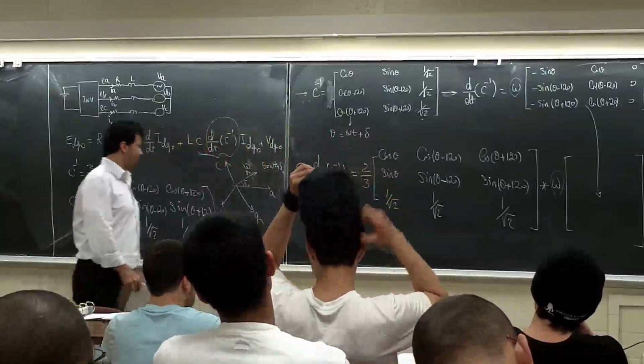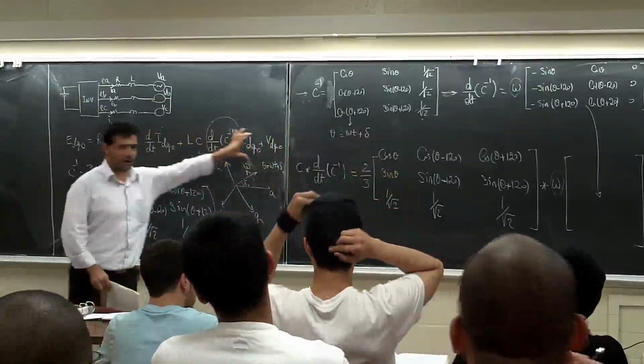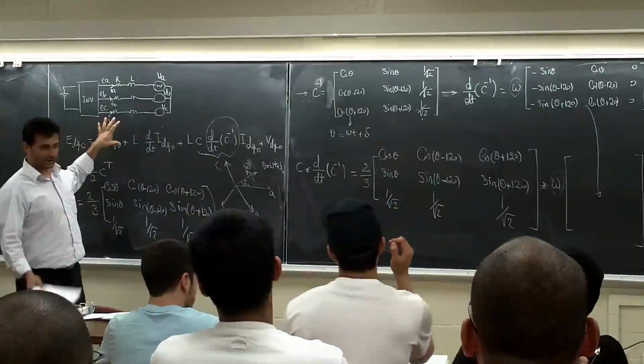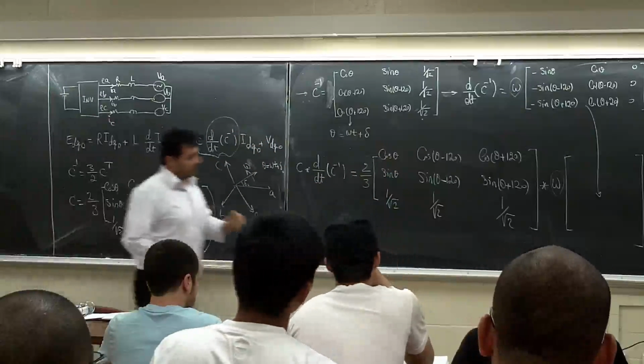Now, I have all the elements. I'm going to rewrite them here. I'm going to put it in the matrix form. I start from here.